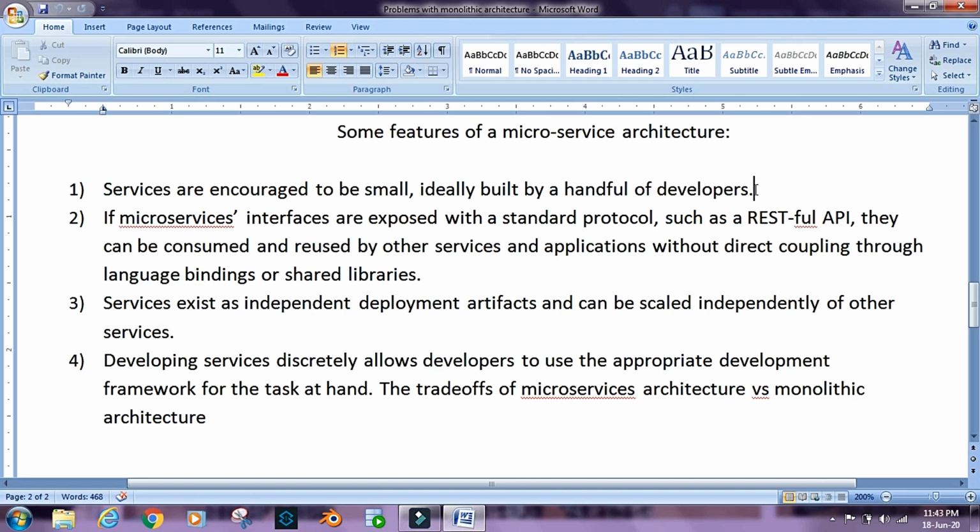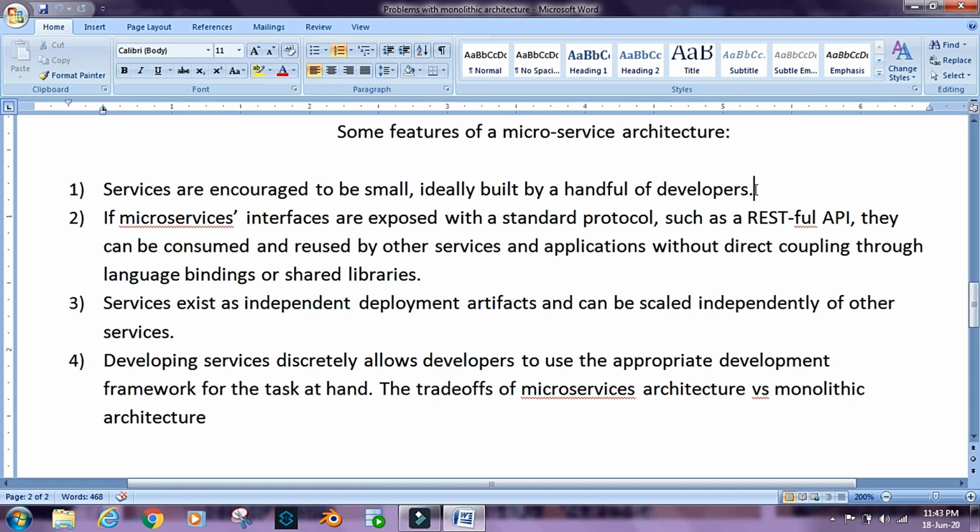The next point is, if microservices interfaces are exposed with a standard protocol such as HTTP, such as RESTful API, they can be consumed and reused by other services and applications without direct coupling through language bindings or shared libraries. So we might have a system that only understands a front-end language, a user interface language, and we might have another system that only understands database language, right, that is used to communicate with a database.